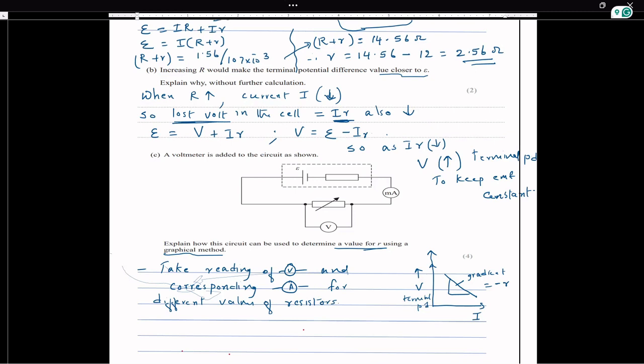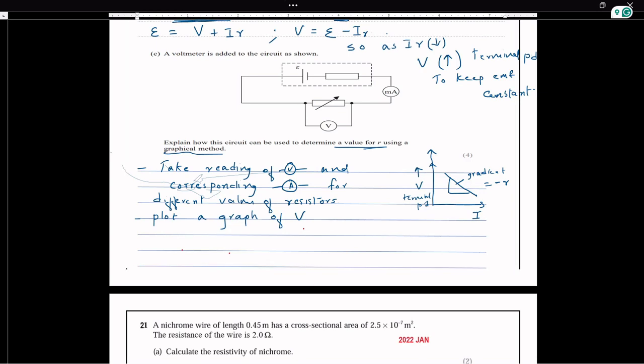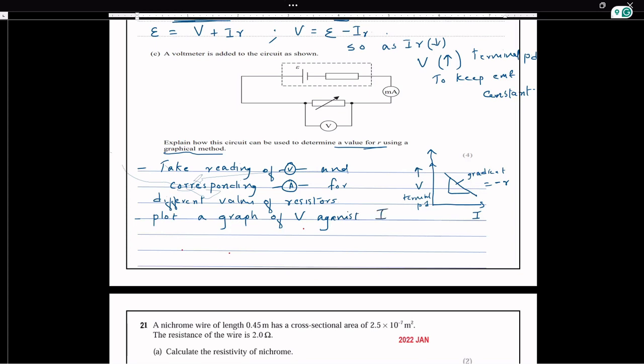See, this is a variable resistor. You can adjust the resistance value. So for different values of resistors, measure the voltmeter and the ammeter. That means you are measuring the current and voltage. Then we have to plot the graph. So next step is plot a graph of voltage against the current as shown.